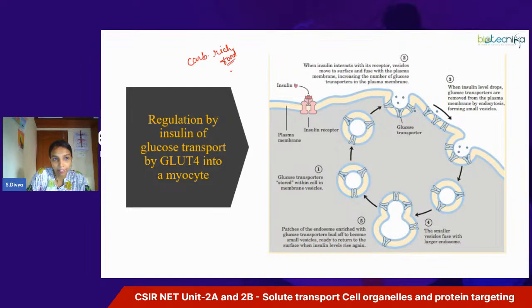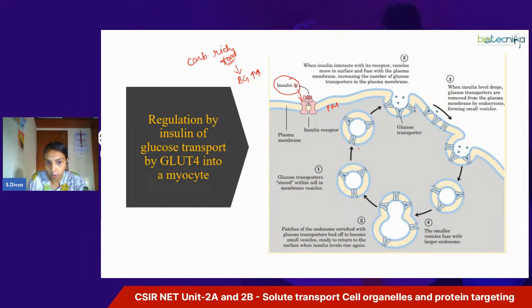Yeah. And when we are taking carb-rich food, what happens? As mentioned by Kanaka, yes, our blood glucose level will be increased. Yes. So when this blood glucose level increases, what happens? Insulin will be activated. It will go and bind to the corresponding receptors present within the plasma membrane.